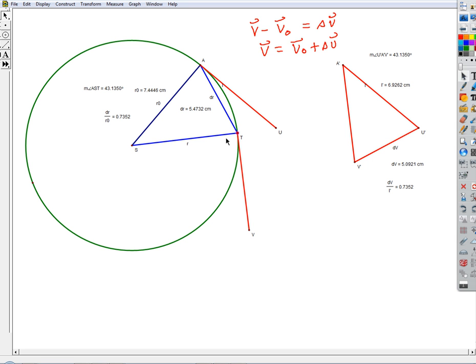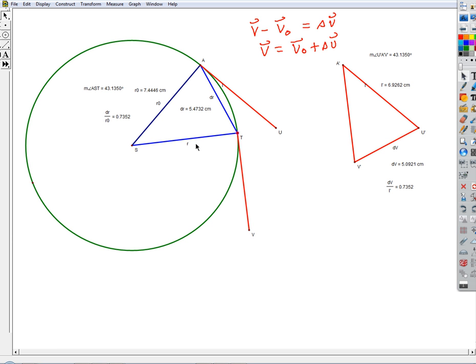Why did you divide those lines? Why those ones? I divided those because we're going to use that fact. But why does that work, really? The reason that works is just because we have similar triangles here. We know we have similar triangles because Delaney pointed out that these were isosceles triangles.